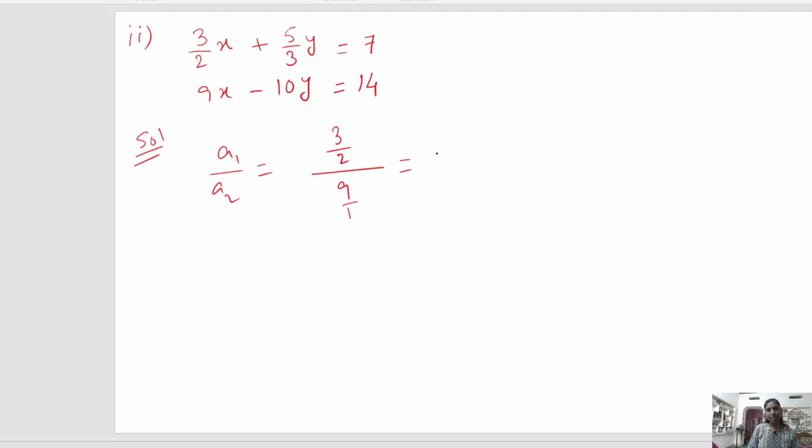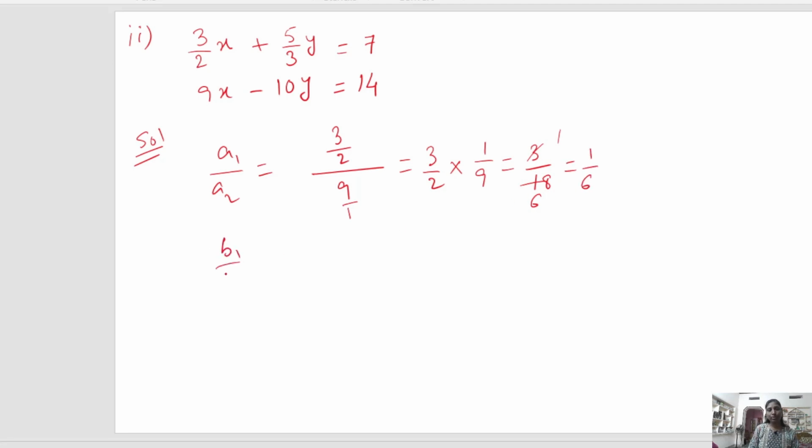Now I will convert this division into multiplication and write the reciprocal, which means 1 by 9. It means we will get 3 by 18. 3 ones are 3, 3 sixes are 18. So it is 1 by 6.